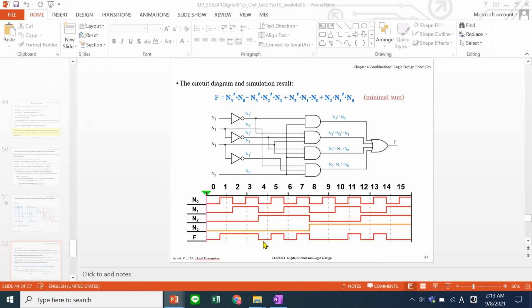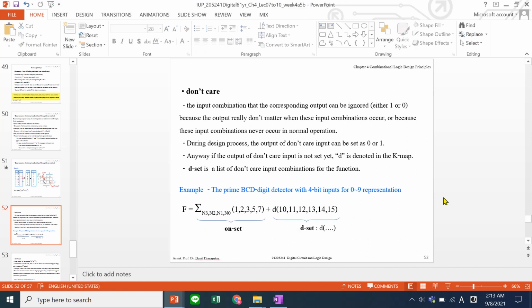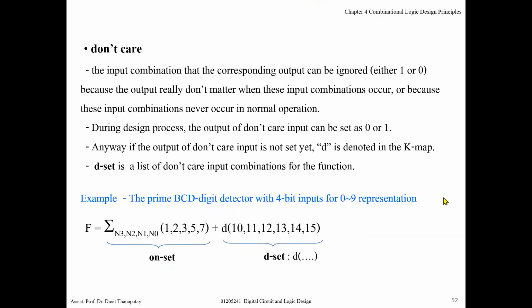That means if you apply an input that is not in the onset and not in the don't care set, the value of the function will be 0.